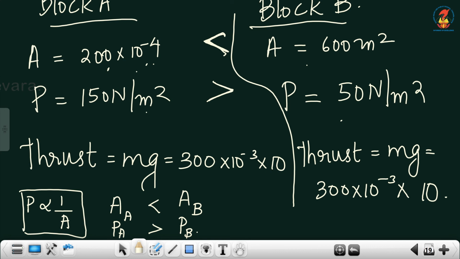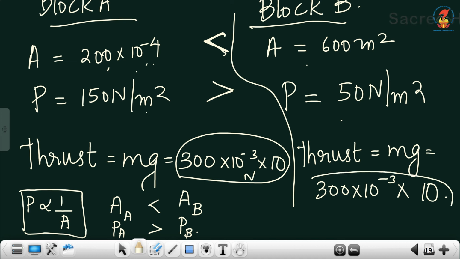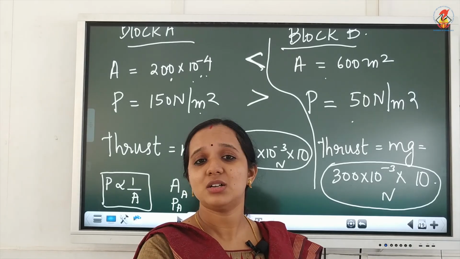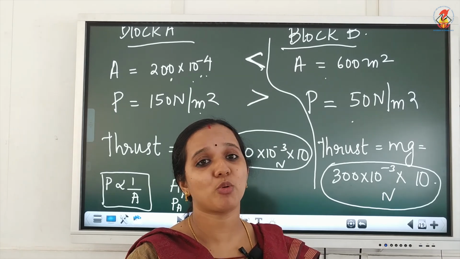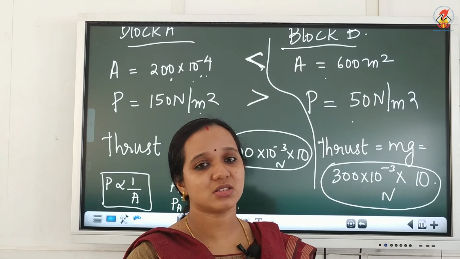But just see the thrust value. It is 300 into 10 raised to minus 3 into 10 Newton in both cases. In both cases, the thrust values are the same. That is, the thrust doesn't depend upon the position, it remains the same.